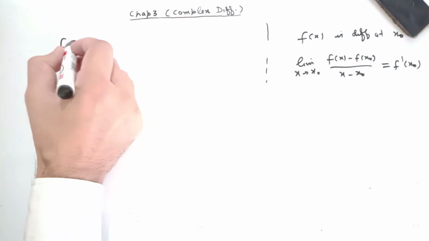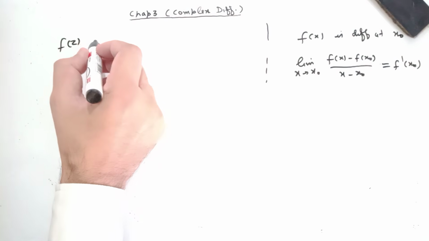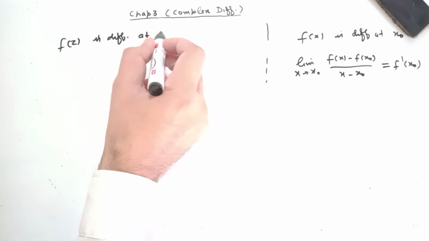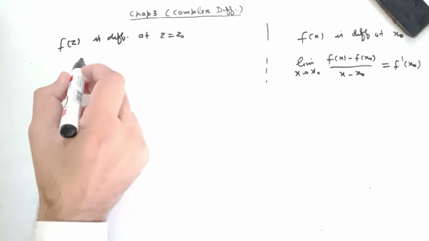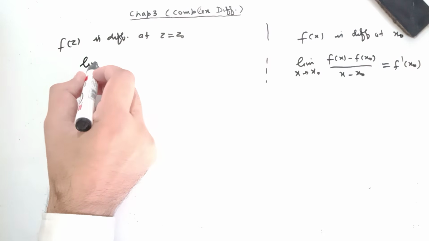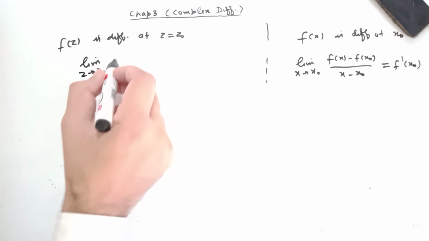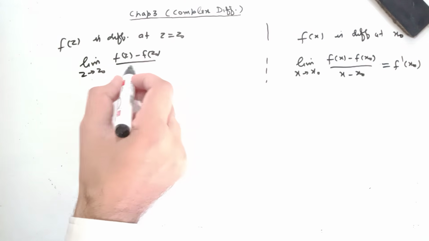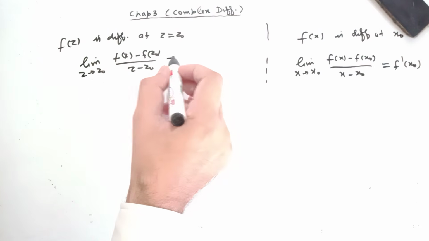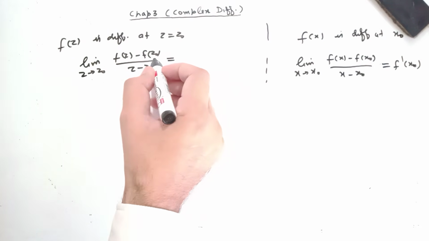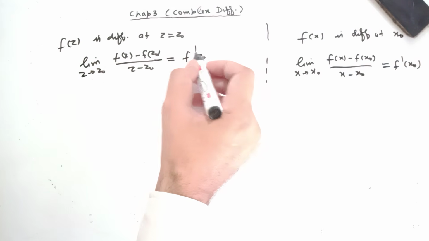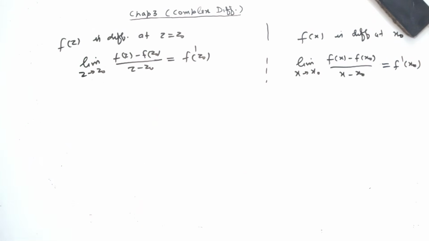Analogous to this, we define that f(z) is differentiable at z equal to z0 if the limit as z approaches z0 of (f(z) minus f(z0)) divided by (z minus z0) is finite or exists uniquely. We define this limit as the derivative of f at z0.